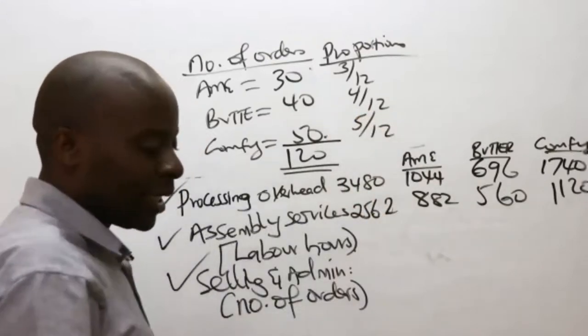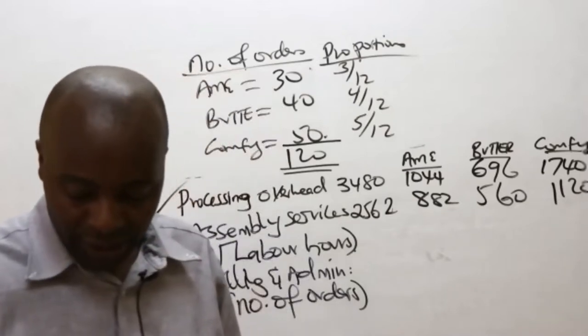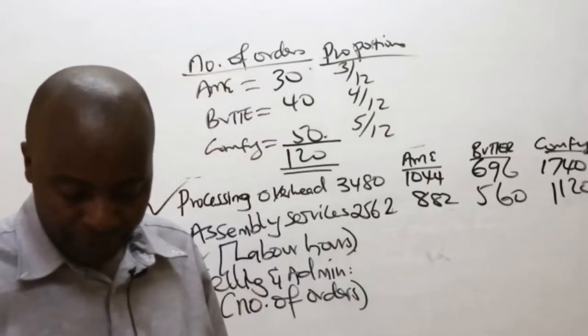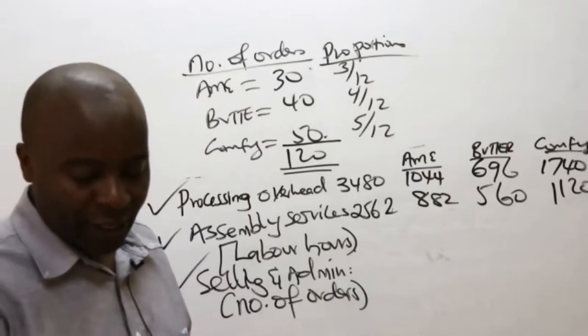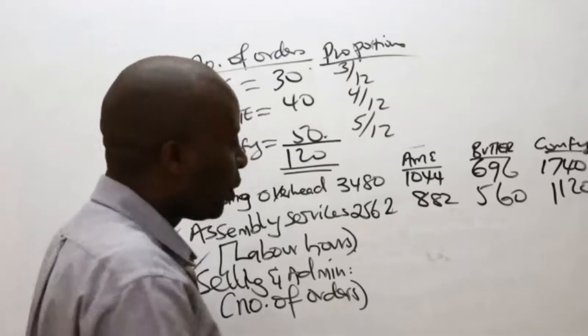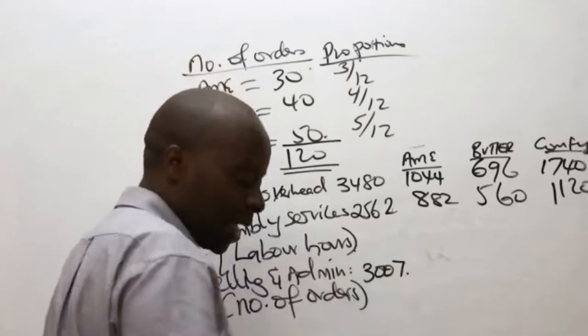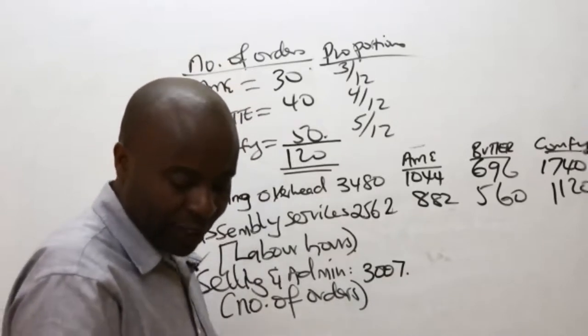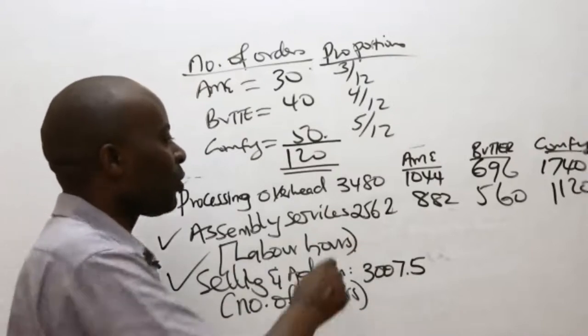And the selling and administration, ladies and gentlemen, what is the figure that you are able to see there for selling and administration? 3007.5. Because my figures are in terms of what here?